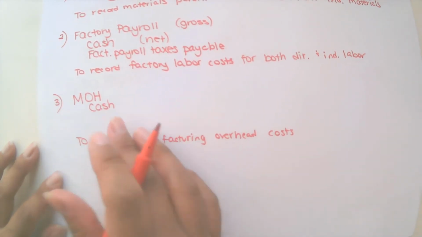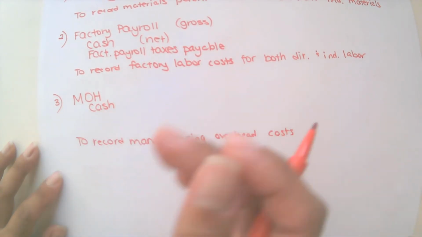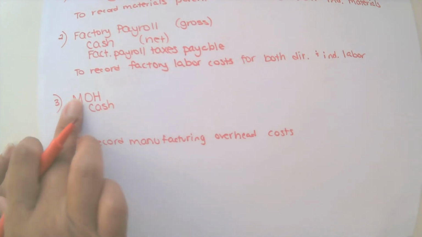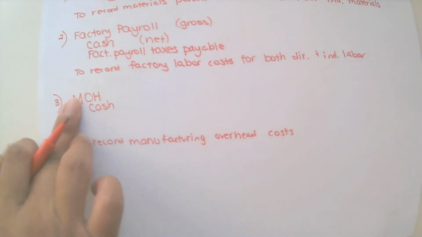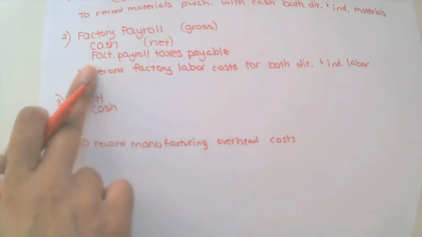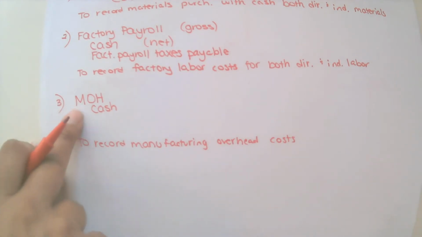For example, rent for the factory. That's going to go to MO, and I pay my landlord, write him a check, so we call that cash. You might also have something like factory insurance that expires. When insurance expires, it goes to insurance expense, which now we're putting to MO. Anything that has to do with plant or manufacturing is going to MO, and we covered that in, I think, chapter 2.